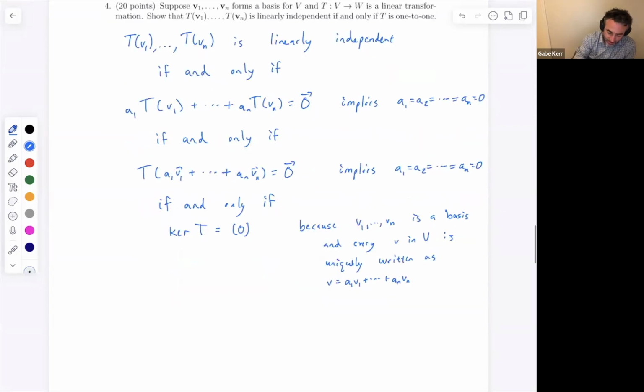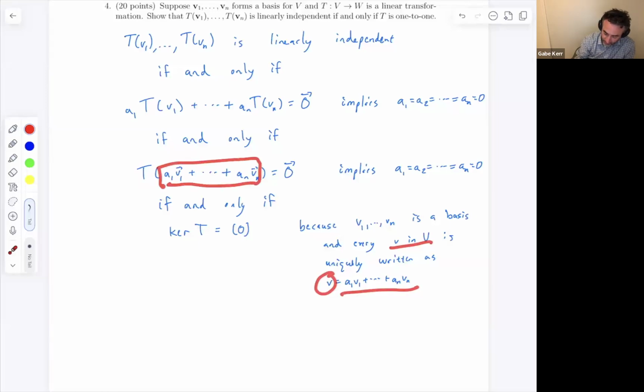So what is this saying? If I have any V in V, I can write it like that, which means that any V in V can be put in here as such a linear combination. But if when I put that V in here, I get 0, then all of those coefficients must be 0 and V must be 0. In other words, the only thing that is sent to 0 under T is 0. And that's exactly what this is saying. The kernel of T is 0.